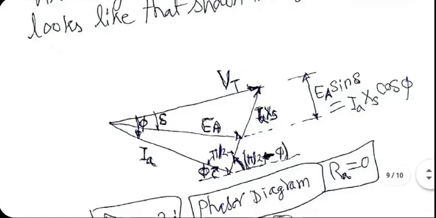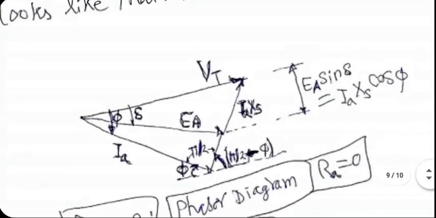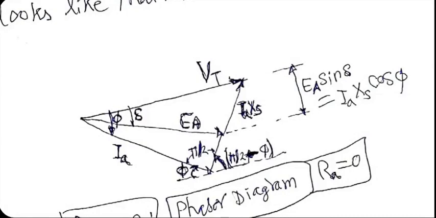And the relationships among various phasors and angles are shown here. This is called the phasor diagram of a lossless three-phase synchronous motor. Actually, a synchronous motor is three-phase. It's never single-phase anymore. So let's say synchronous motor.